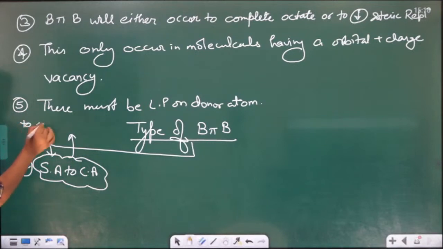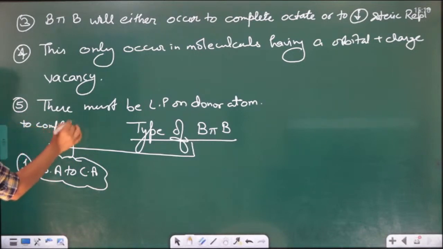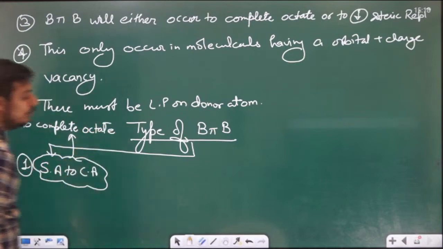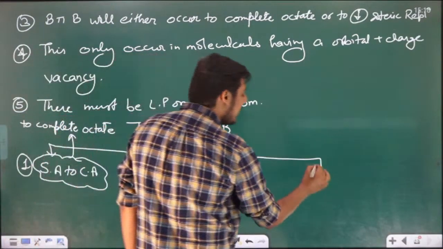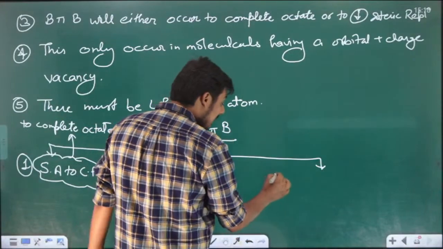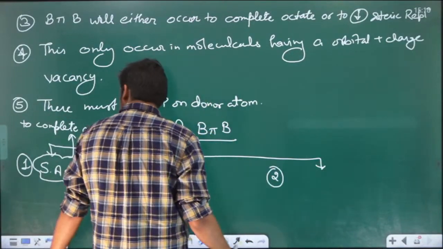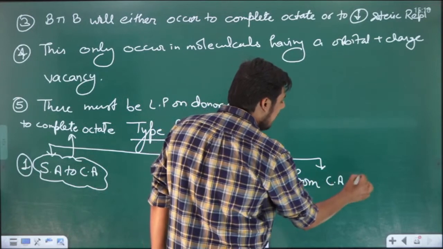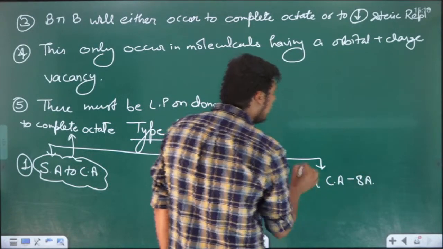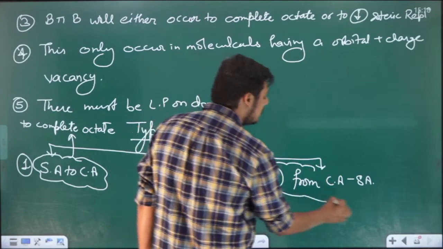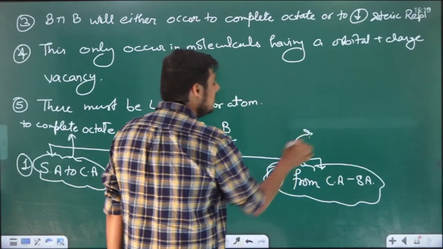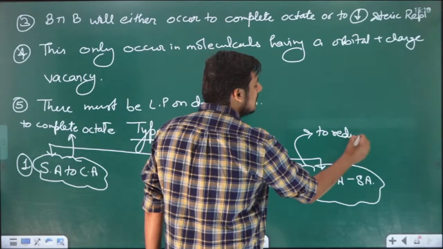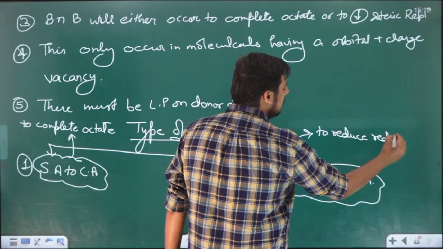To complete octet will be the driving force for such back pi bonding to occur. Another way I can categorize it, the second way, is from center atom to surrounding atom, and generally this type of back bonding occurs to reduce steric repulsion.